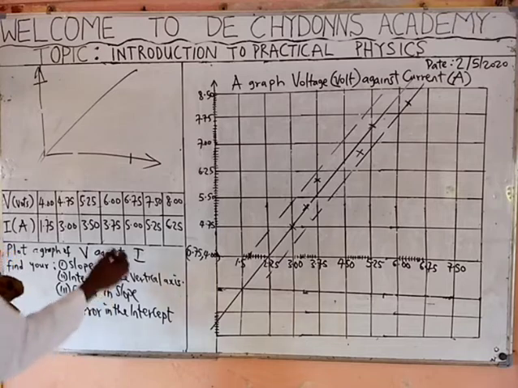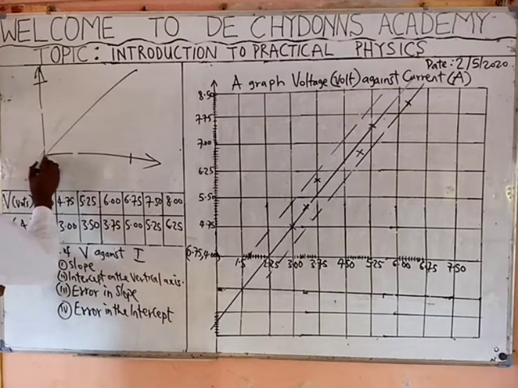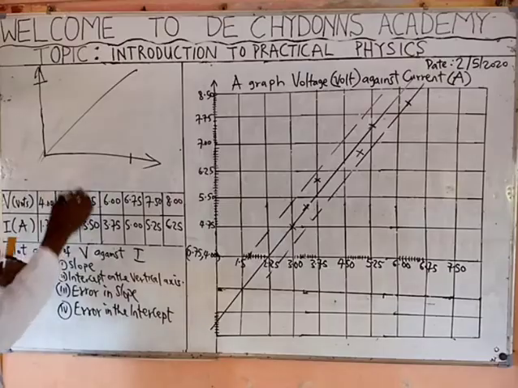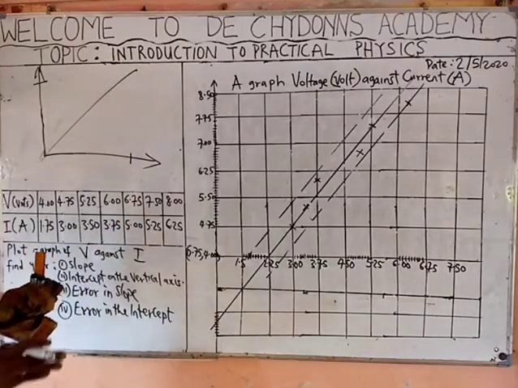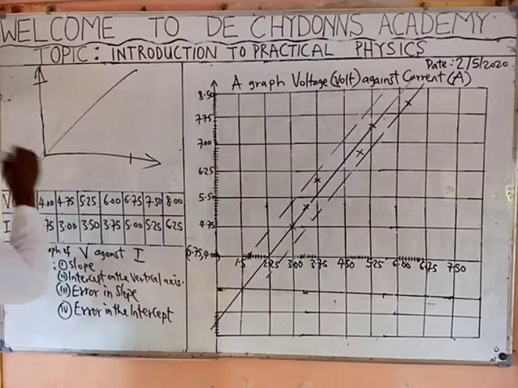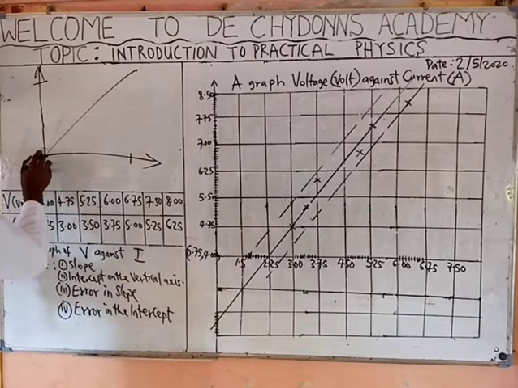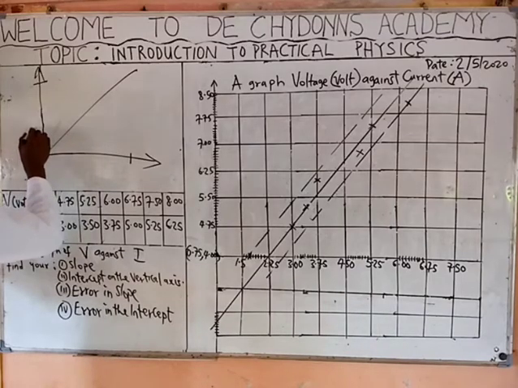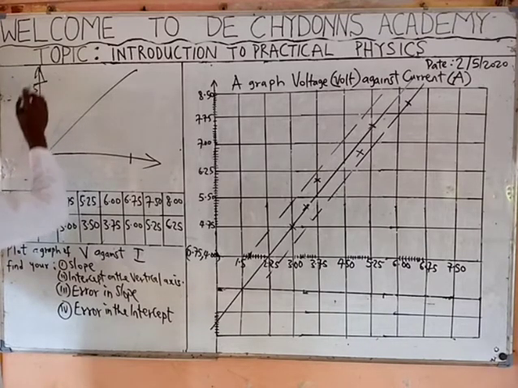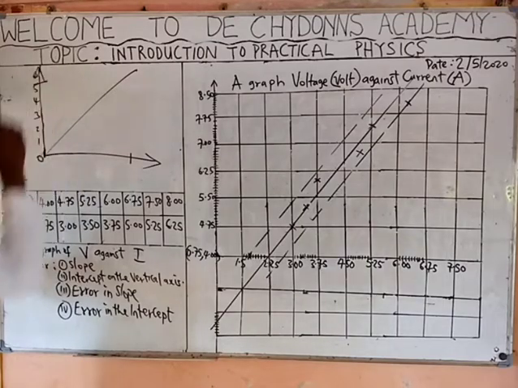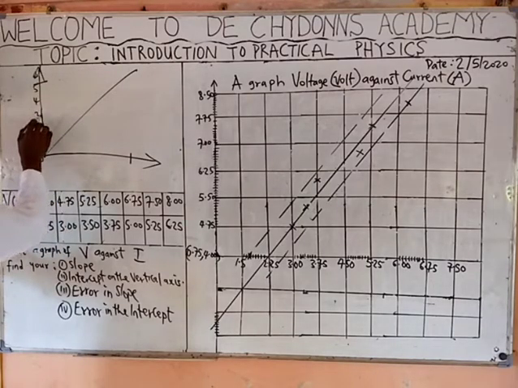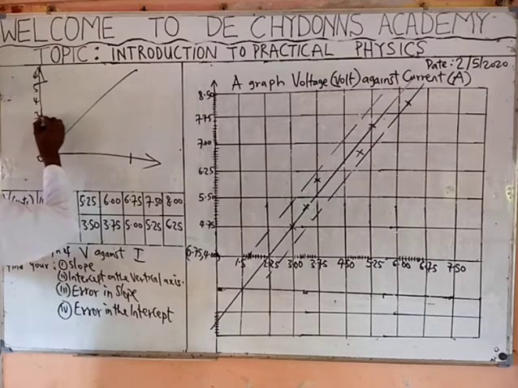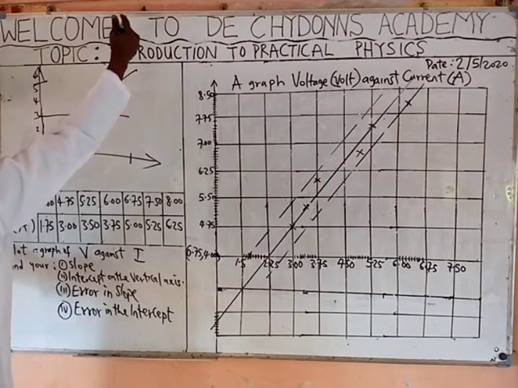Okay? Then after getting an appropriate scale, what you now do is you now get your slope. And I've said it now that the scale you choose, at least make sure that your plotting will start close to your zero. At least if you put 0, 1, 2, 3, 4, 5, and you are starting from 4 or 5 to plot, or if you are starting from 3 to plot, you see that only from here up is what will be covered.